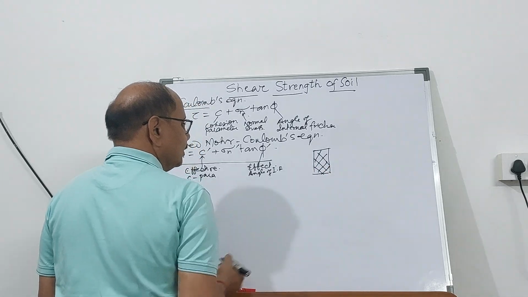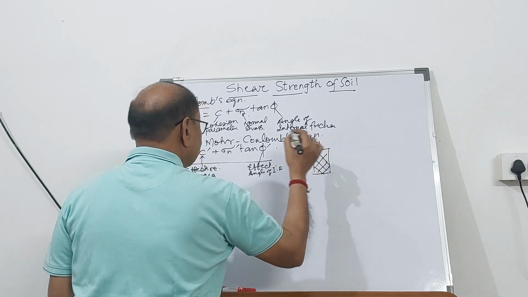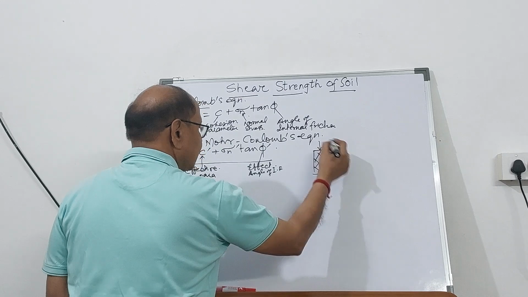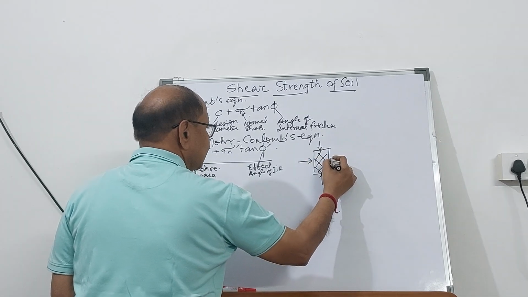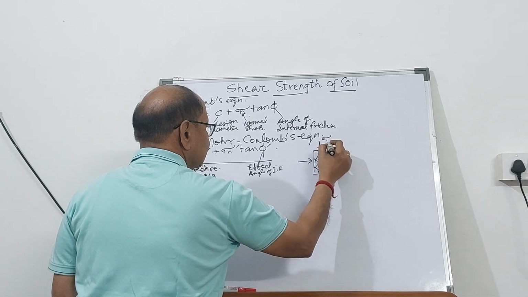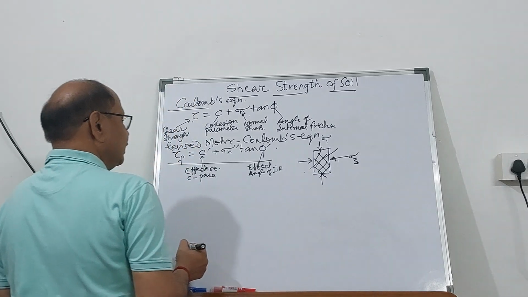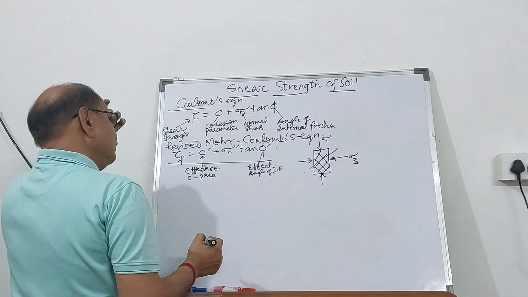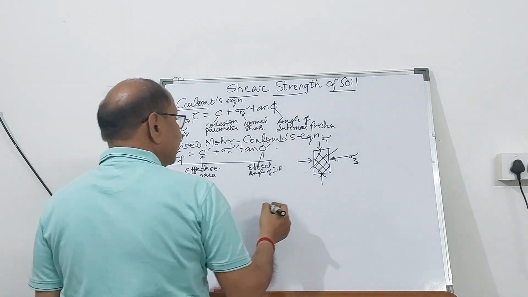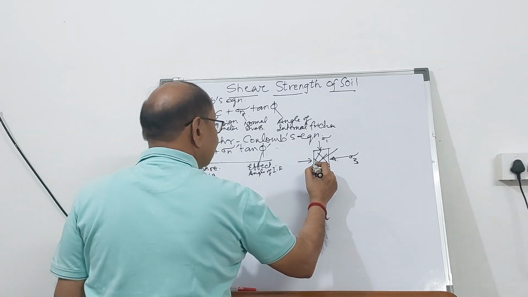In fact, if you have any soil sample which is subjected to the vertical stress, that is under compression, and the confining stress, say the vertical stress is sigma 1 and the confining stress, then the maximum shearing strength will be on any plane which is inclined at some angle.